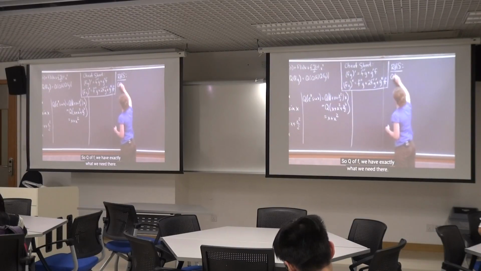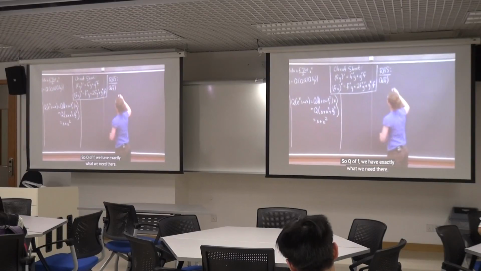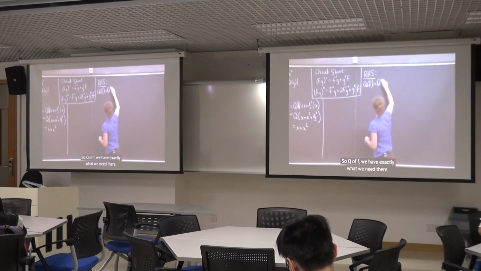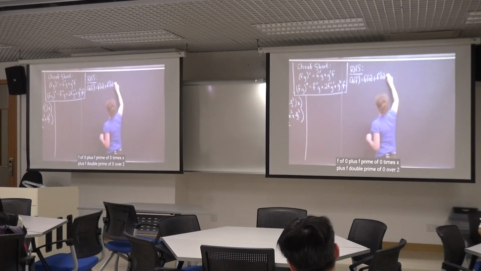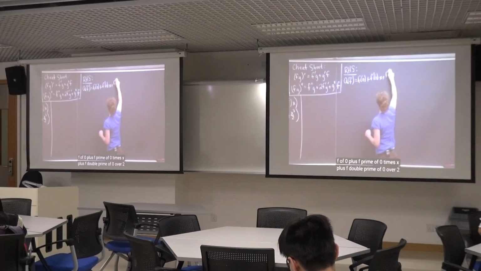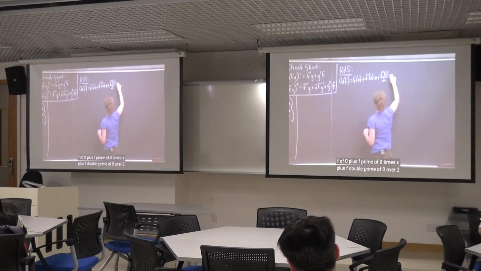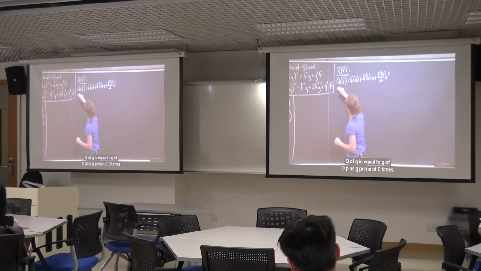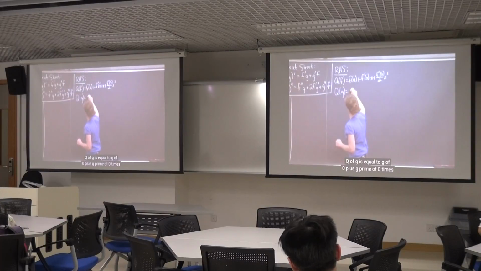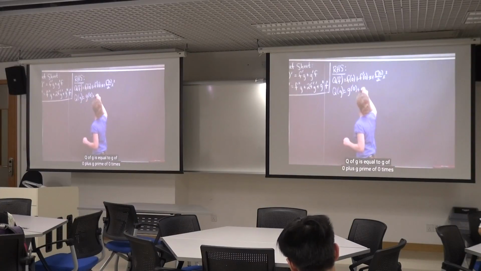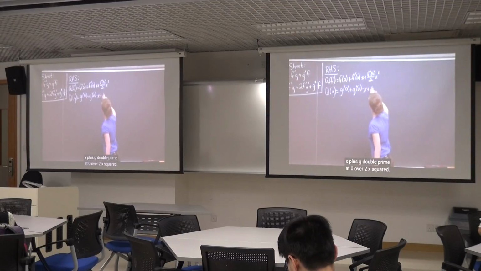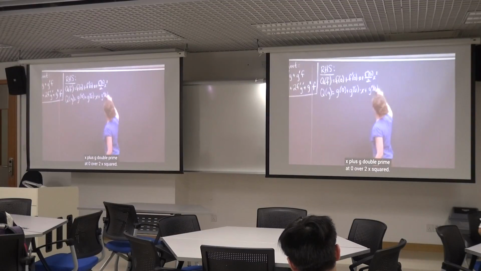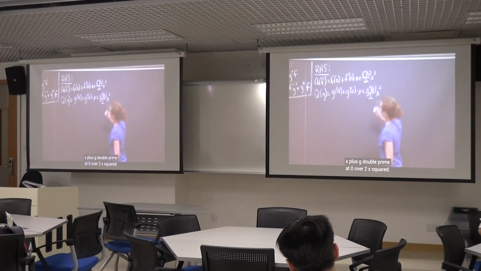So q of f, we have exactly what we need there. f of 0 plus f prime of 0 times x plus f double prime of 0 over 2 x squared. q of g is equal to g of 0 plus g prime of 0 times x plus g double prime at 0 over 2 x squared.